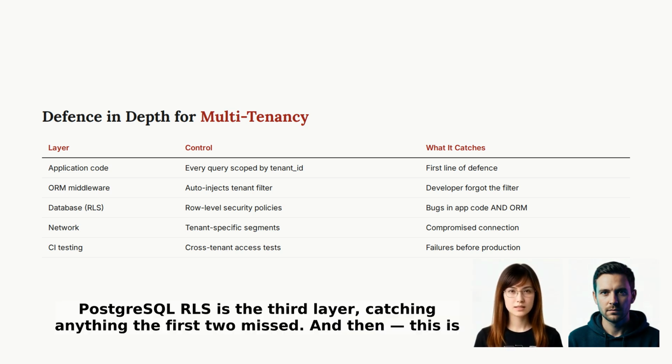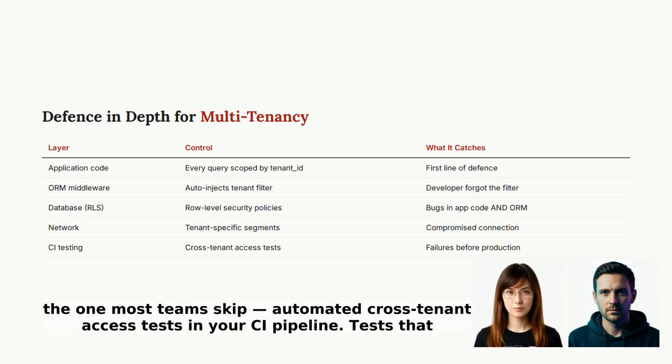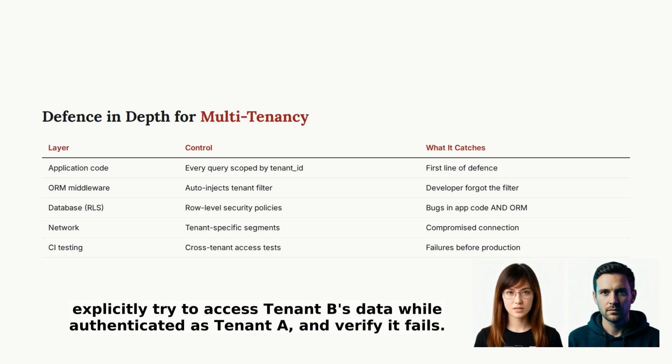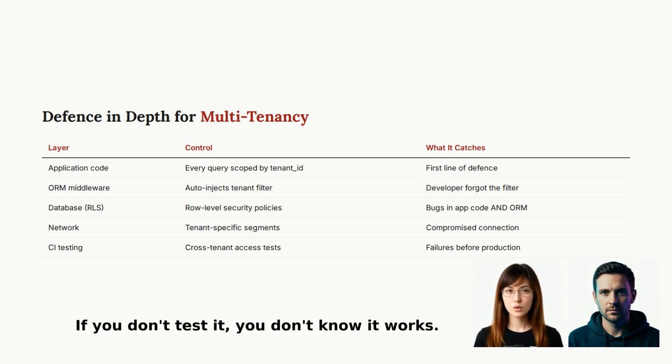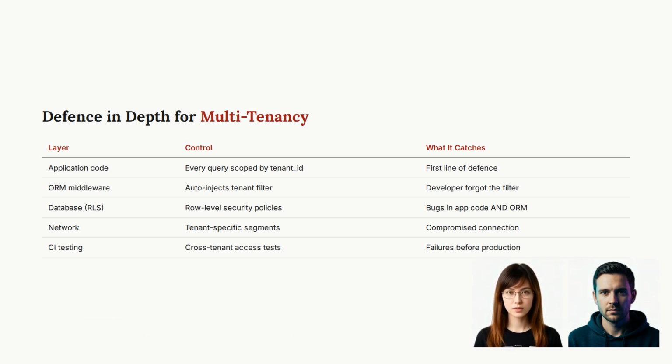PostgreSQL RLS is the third layer, catching anything the first two missed. And then, this is the one most teams skip, automated cross-tenant access tests in your CI pipeline. Tests that explicitly try to access tenant B's data while authenticated as tenant A and verify it fails. If you don't test it, you don't know it works.